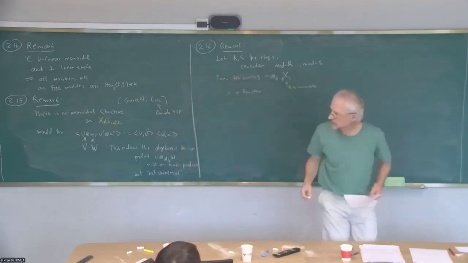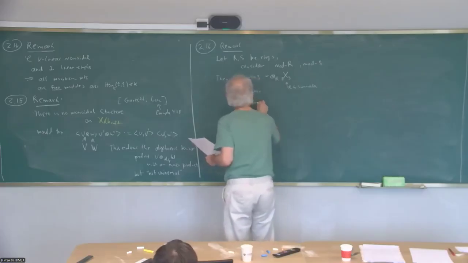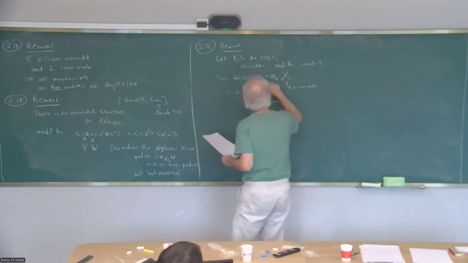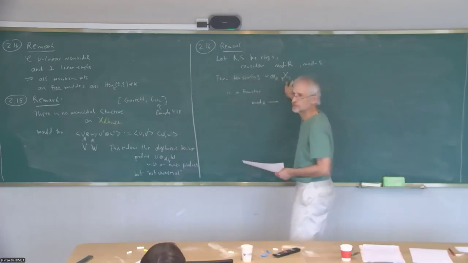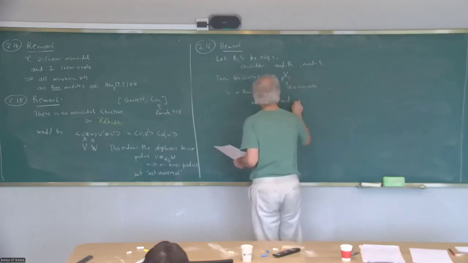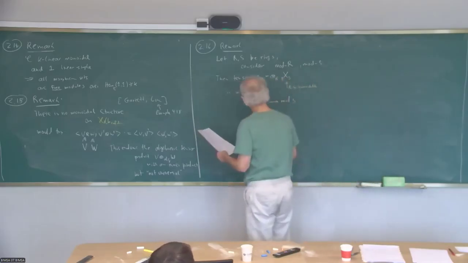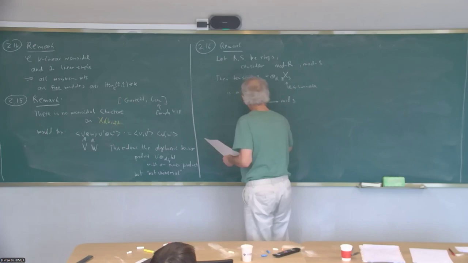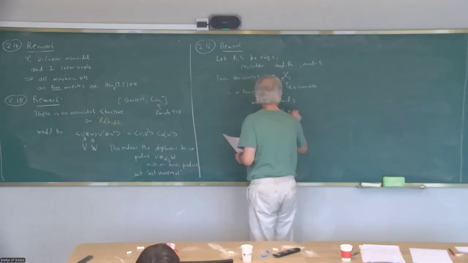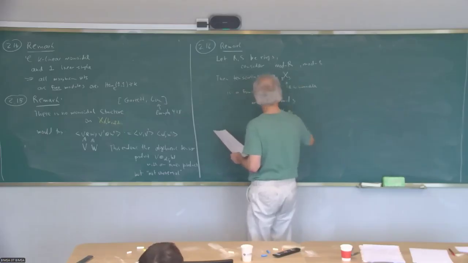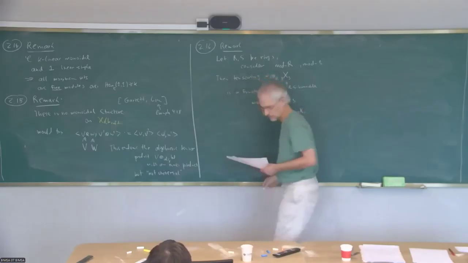So taking any right R module, I tensor with this given X, and I get something which is a right S module. And so any right module U_R is mapped to U_R tensored over R with X, which is a right S module.